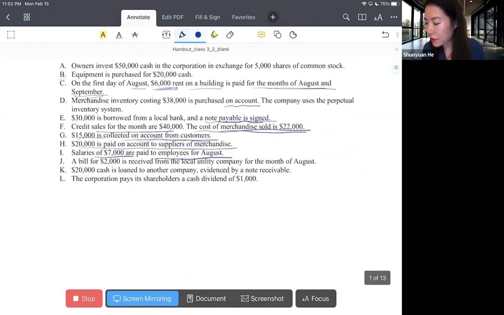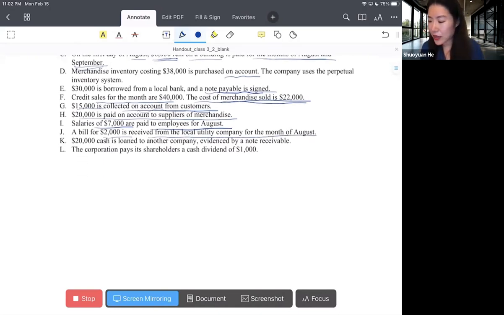The next one, a bill for 2,000 is received from the local utility firm for the month of August. So a bill is received, 2,000 for the month of August. That means the utility expense for the month of August is 2,000. However, the firm hasn't paid it yet.